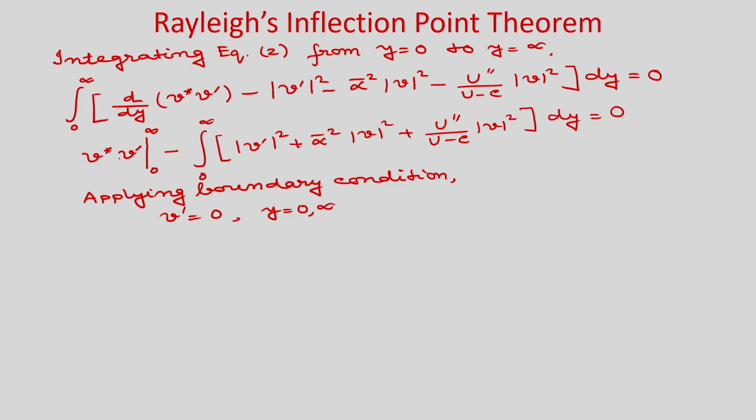So we can write that the integral from 0 to infinity of mod v prime squared plus alpha squared mod v squared plus u double prime divided by u minus c mod v squared dy is equal to 0.